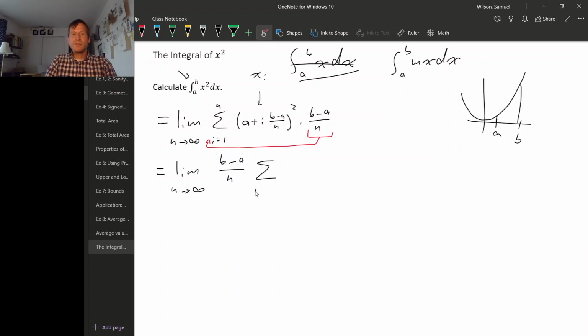Now inside of the sum, from i equals 1 to n, let's multiply out this squaring. I don't really see any way around that. So we're going to get first squared plus twice the product plus second squared.